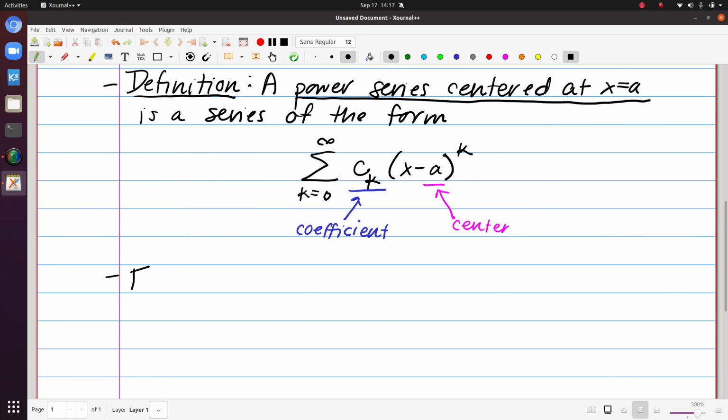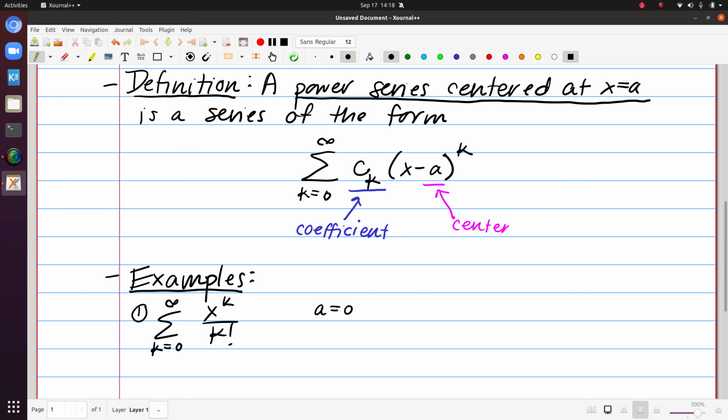So let's look at some examples of things that are power series and try to match it up to this structure that we've defined. First of all, if I have the sum from k equals 0 to infinity of x to the k divided by k factorial, this is a power series. And if I wanted to identify the terms here, I can see that my center, a, would have to be 0.